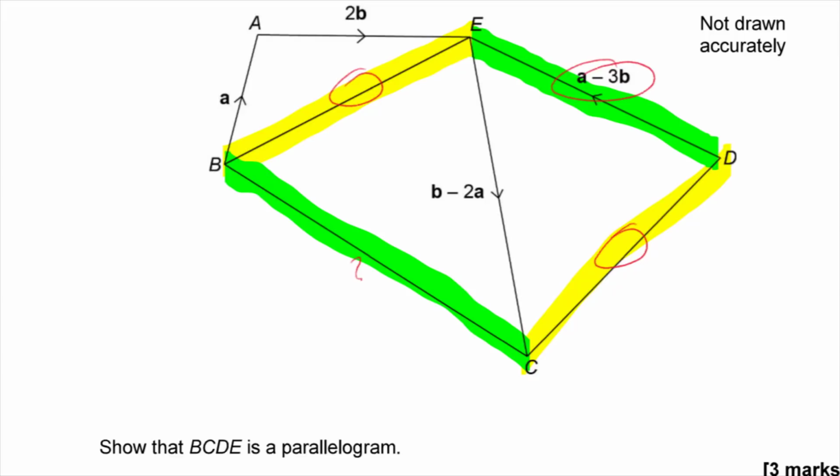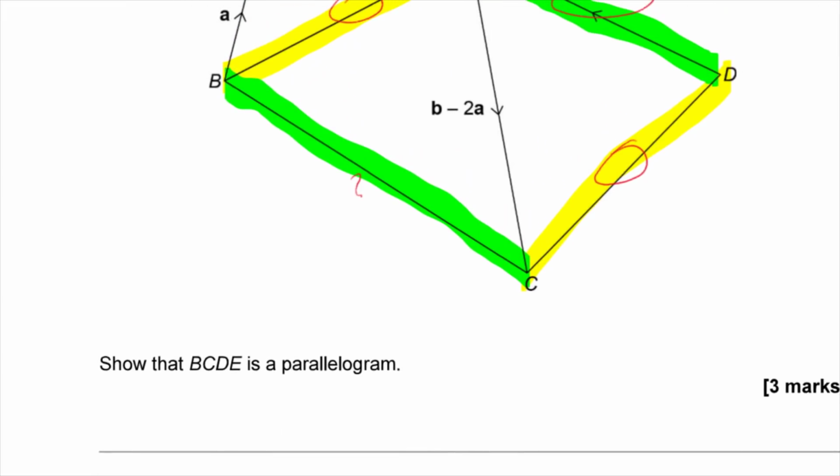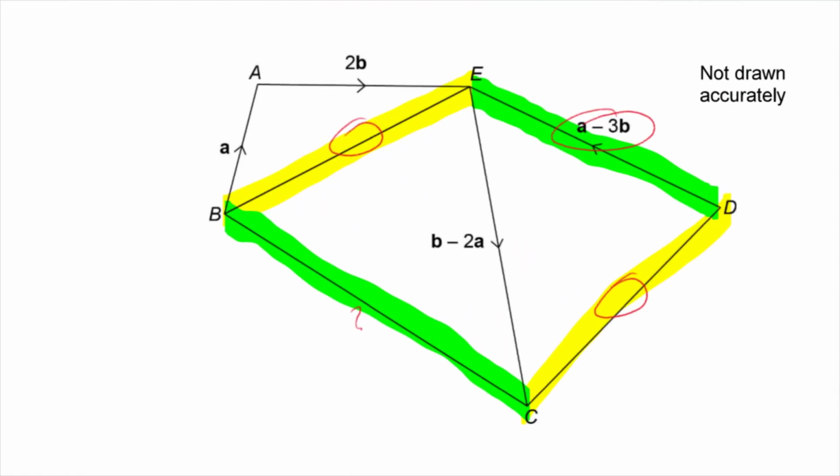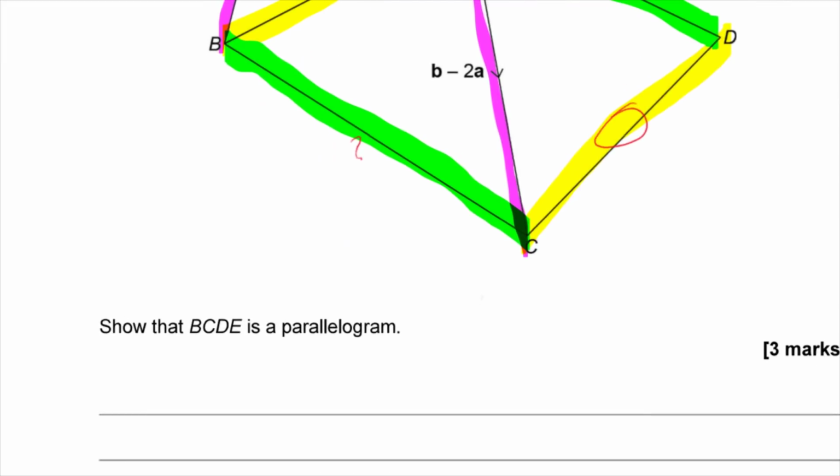So let's start with DE because I've been given that one. So DE should be identical to CB. So here's C and there's B. Now can I get from C to B along routes that I know about? I can go along here, and here, and here. Now they're going against the arrows, but that doesn't matter.